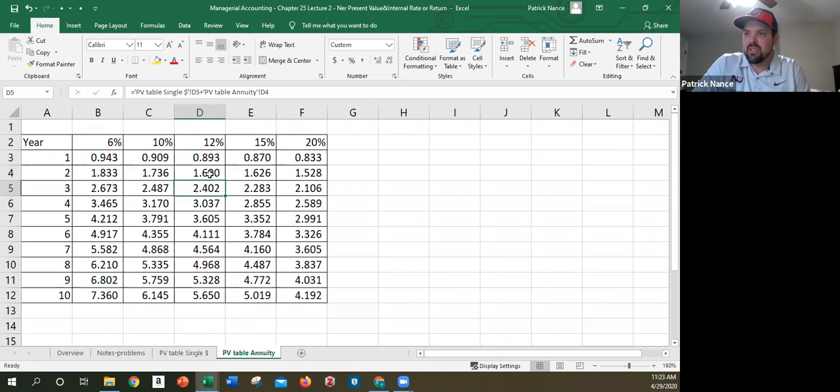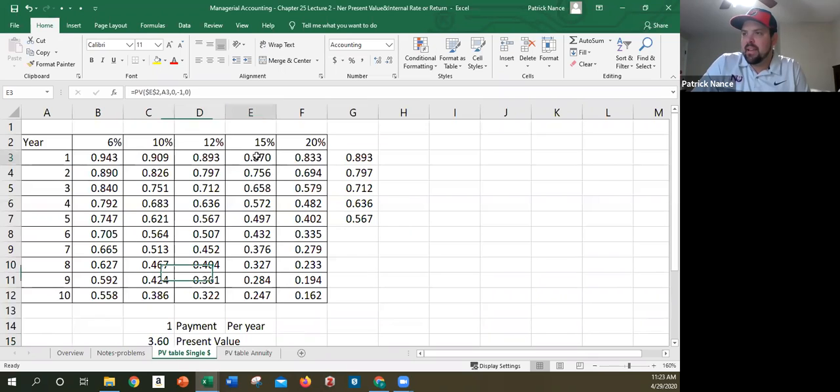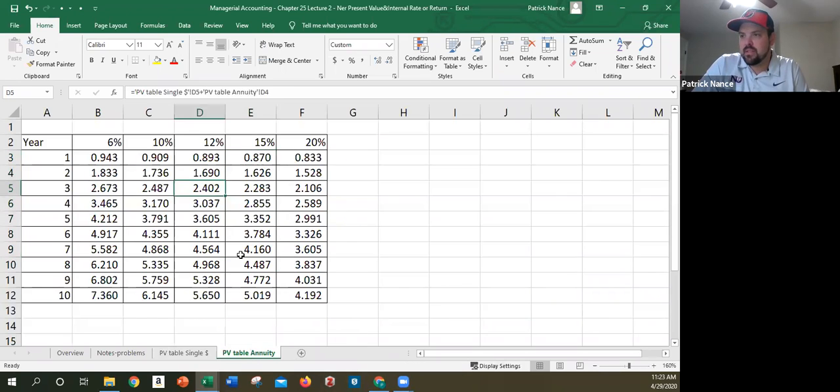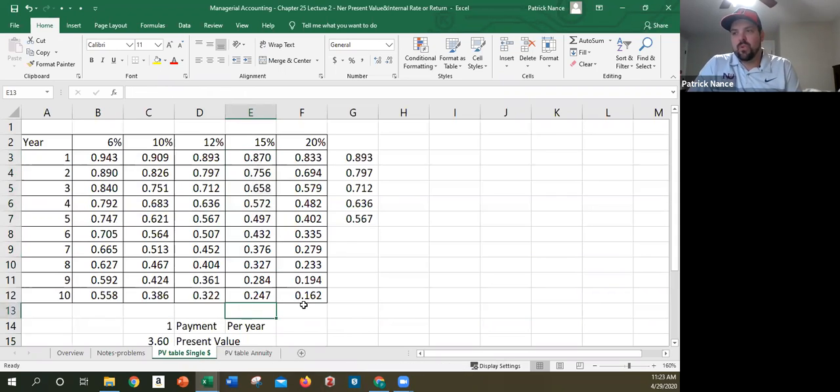This one is just that plus the year 3 one, plus the year 4 one. If I highlight this 15% one down to year 7, my total is 4.160. So if I go to the annuity table and look at 15% for 7 years, my total should be 4.16, and it is.